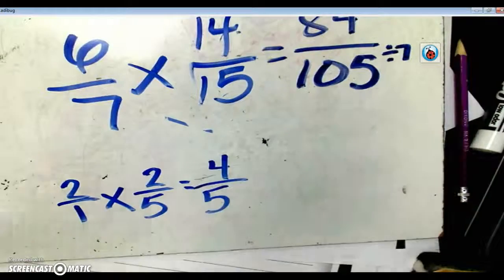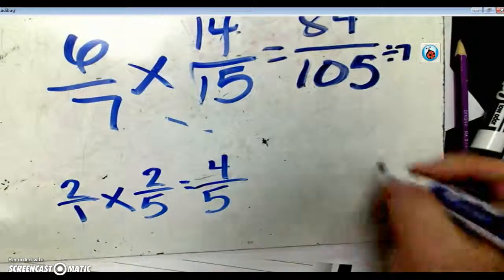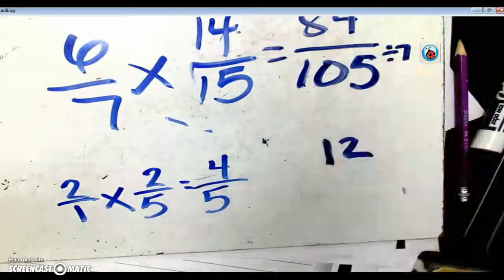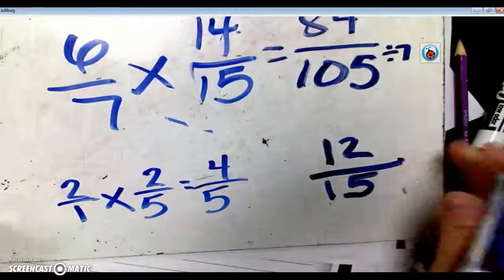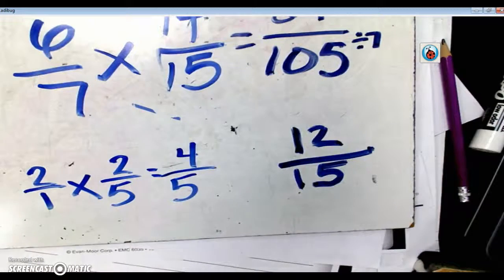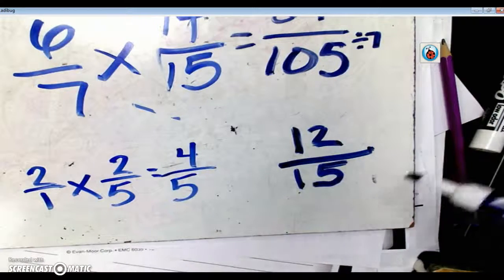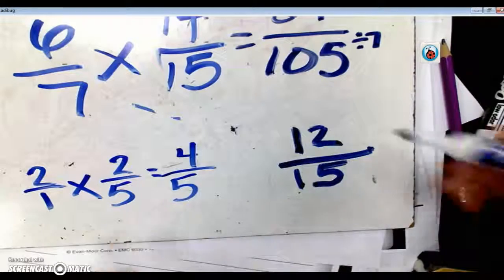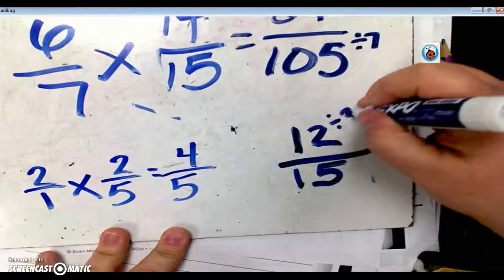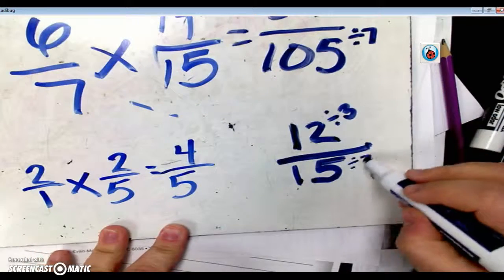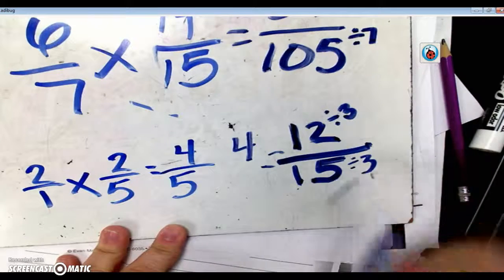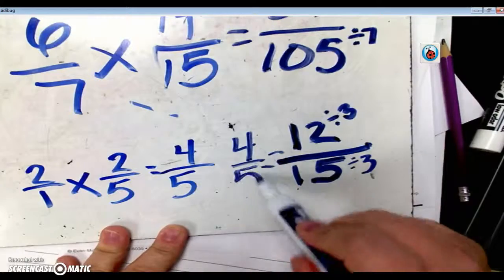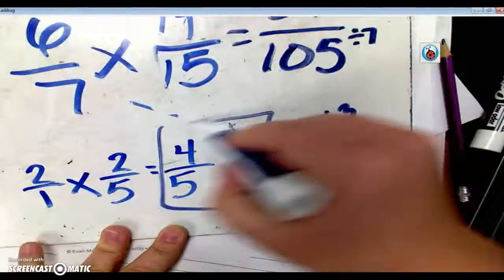And what is 84 divided by 7? What is 105 divided by 7? Can I reduce 12 over 15? Pretty sure I can divide them both by 3. What is 12 divided by 3? What is 15 divided by 3? Notice how this answer is the same.